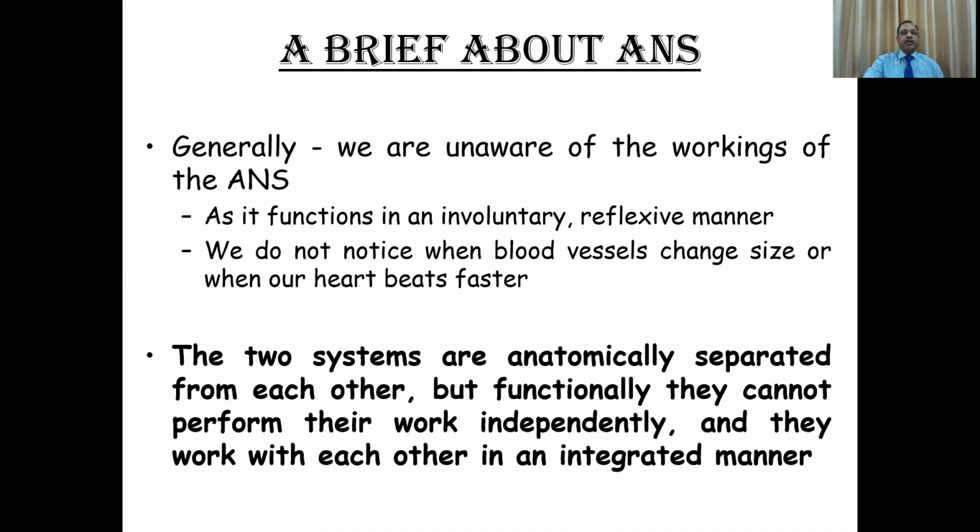For example, we do not really come to know when our blood vessels dilate or constrict, or for that matter, our heart rate goes up or goes down. So, both the systems are anatomically separated from each other, but functionally they cannot perform their work independently, and they work with each other in an integrated manner.